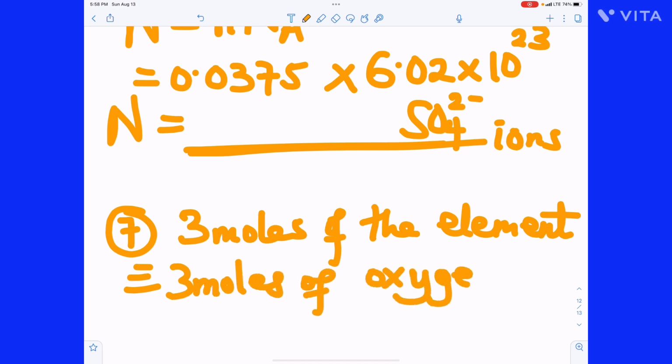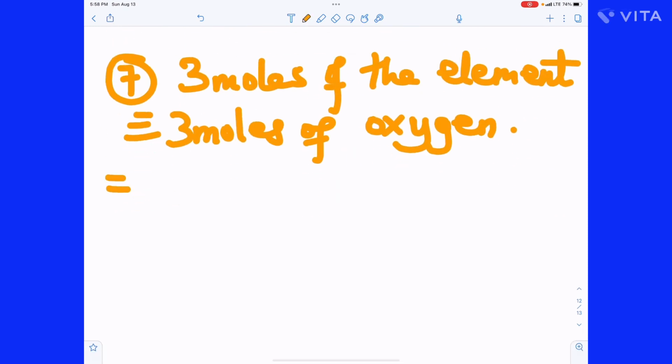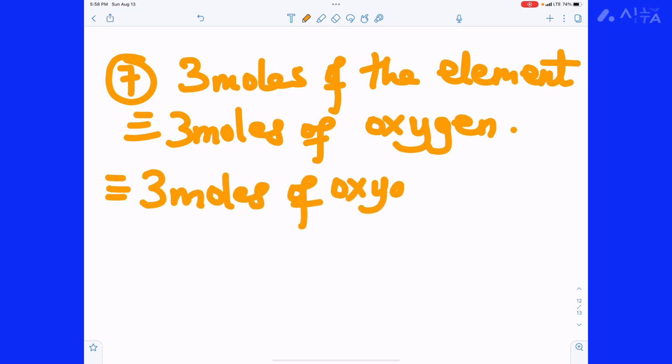And when we say 3 moles of oxygen, we mean 3 moles of oxygen molecules.